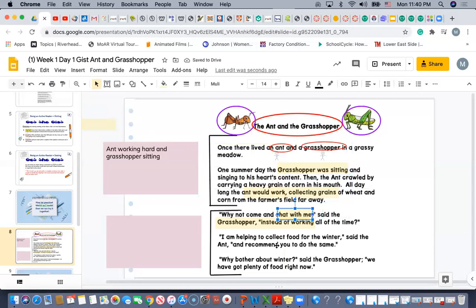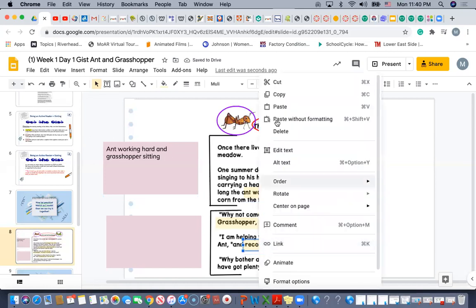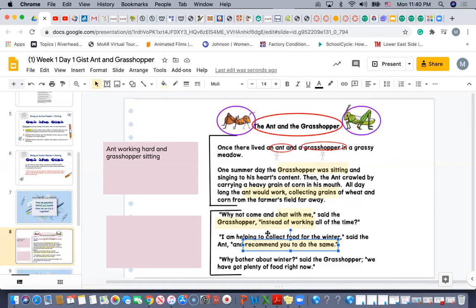Now next, I want to see how ant responds. I am helping to collect food. Okay, but I think it's really important that he recommends grasshopper to do the same. So that's something that I'm going to highlight, as well as exactly what he's recommending him to do. And that is to help collect food.